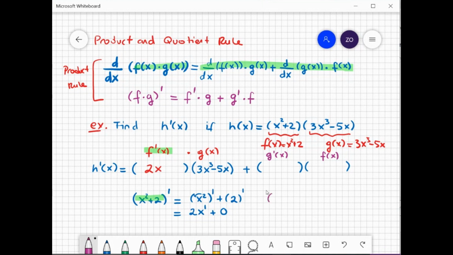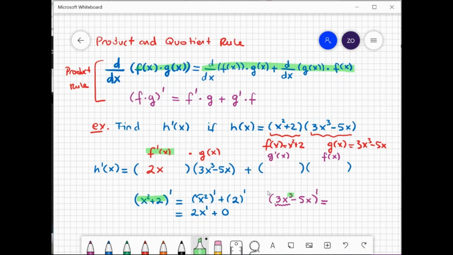So let's find that the second function, g function, is 3x cubed minus 5x. What is its derivative? So it has an exponent 3, and it has a coefficient in front, which is a constant multiple.